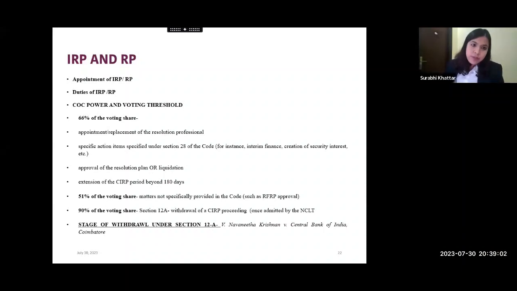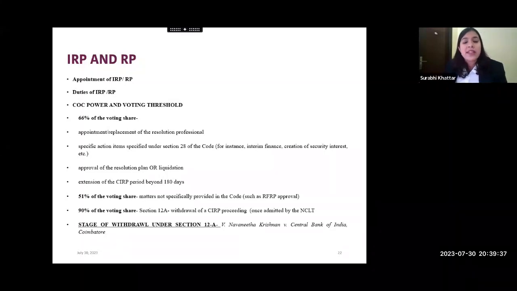Once the resolution professional is appointed, it also has several duties under the code, which are detailed under Sections 18 and 25 of the IBC, which broadly include that an information memorandum will be prepared. The information memorandum will include all the assets and liabilities and details of the corporate debtor. It will also call for resolution plans. Once resolution plans are received, the resolution professional will prepare a list of those resolution applicants.